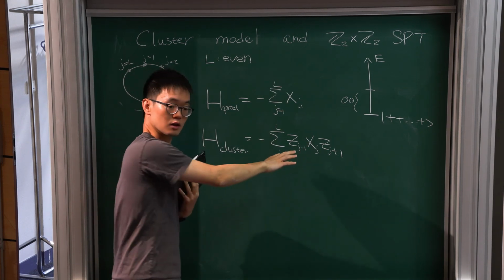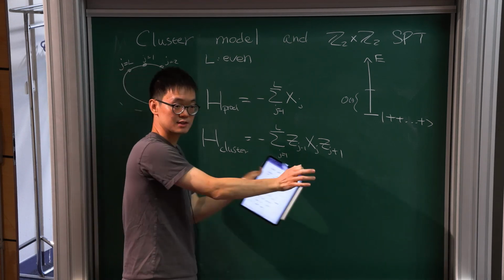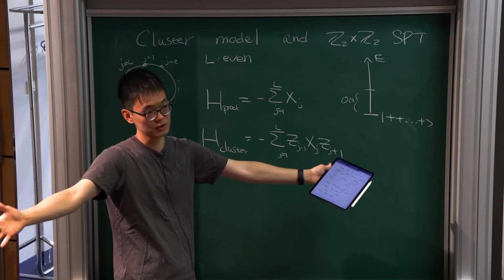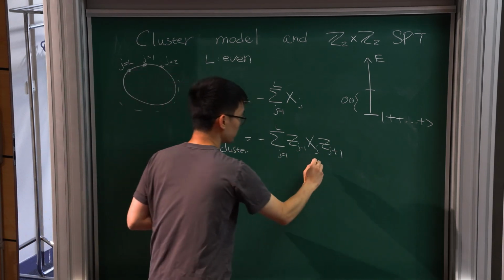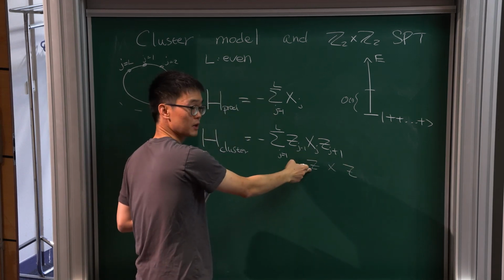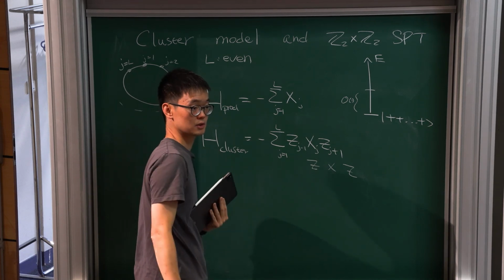Every pair of them commute with each other. If the two ZXZ are far separated, of course they commute. But even if they overlap a little bit, like this, X and Z pick up a minus sign, this Z and X pick up another minus sign, so they still commute.